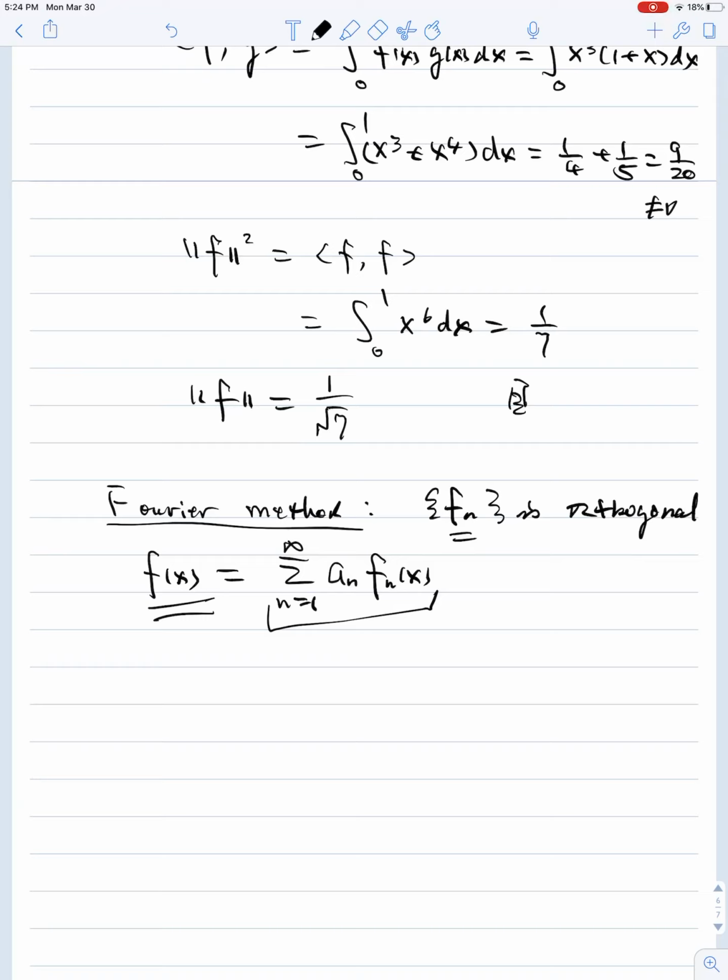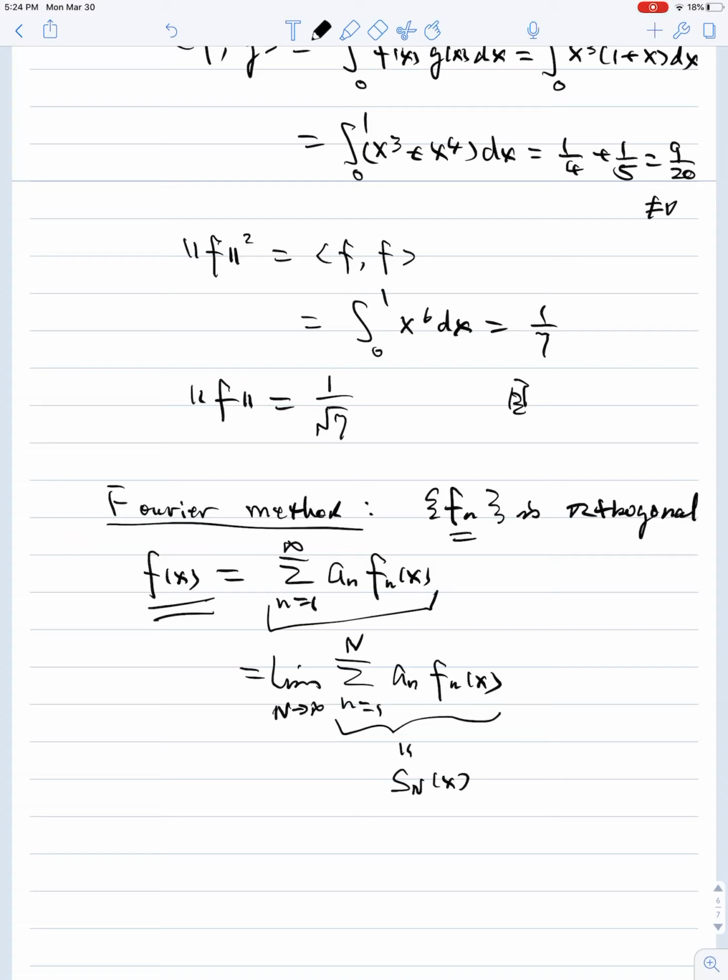When you talk about an infinite series, you need to be careful. You need to discuss the convergence. What does convergence mean? You replace the infinity by a finite number. A finite sum you can always compute, and then you take the limit as N goes to infinity. We will call this finite sum S_N(x).